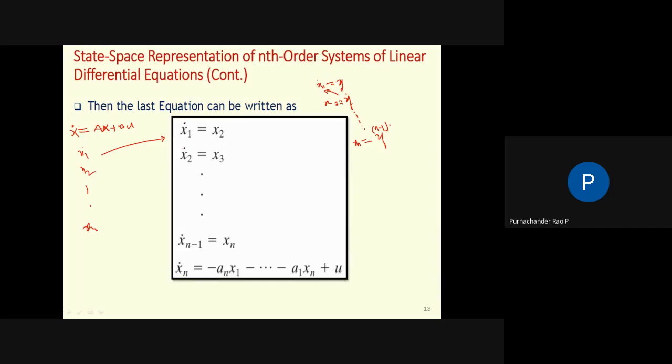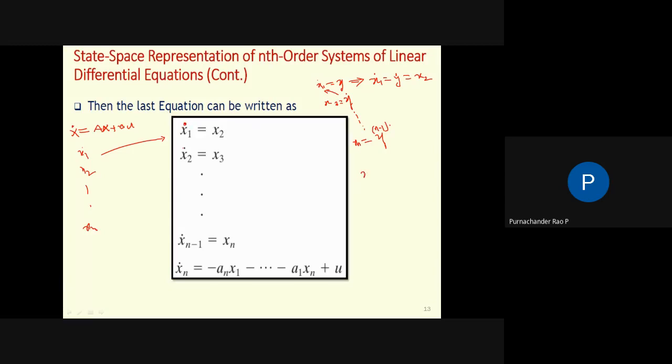From this assumption, x1 is equal to y, so x1 dash is equal to y dash, and y dash is equal to x2. That's why I'm taking x1 dash is equal to x2.